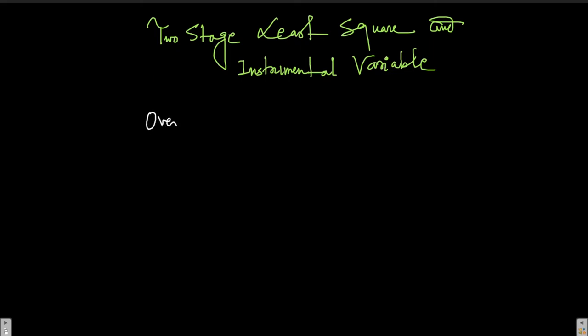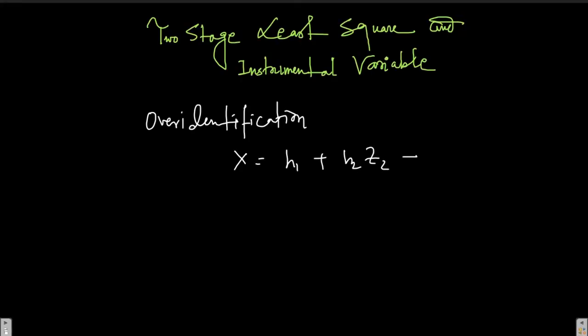In case of over-identification, where we have, let's say, two instrumental variables determining the x variable, or endogenous variable, let's say x is equal to h1 plus h2 z2 plus h3 z3, and let's say I have some error term. Then the OLS strategy that I use, we call it 2SLS.